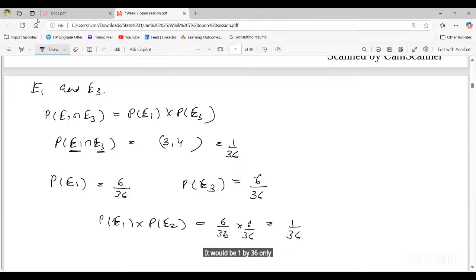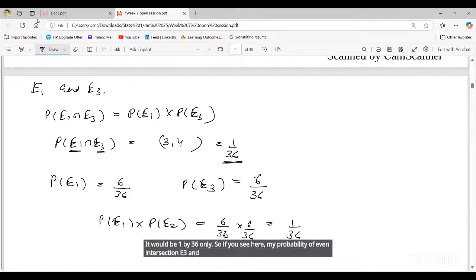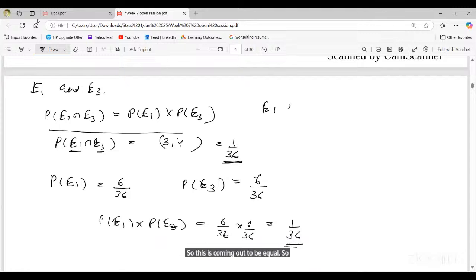So if you see here, the probability of E1 intersection E3 and the probability of E1 into the probability of E3 are both 1 by 36. So this is coming out to be equal. So we can say that E1 and E3 are independent.